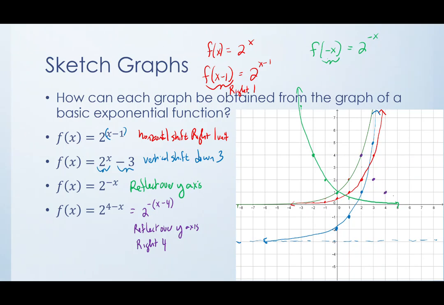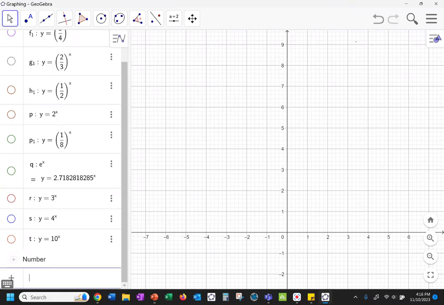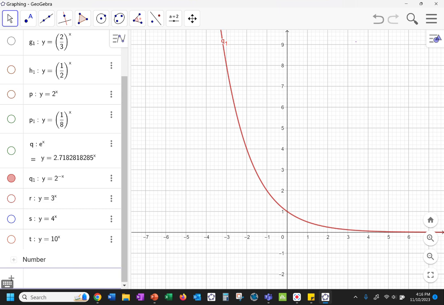And our horizontal asymptote is not going to change, so we've just got those. So we're about here, and so we should look roughly like that. All right, so let's double check that one. We're going to do y equals 2 to the negative x. So that looks not surprising.